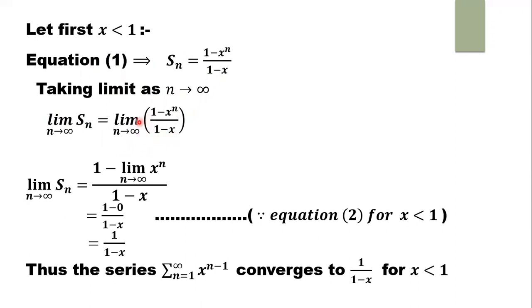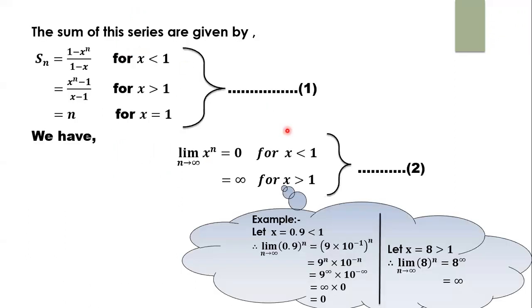So here we will apply the limit separately to all the terms. So 1 minus limit n tends to infinity x raised to n, upon 1 minus x. Now we know that limit n tends to infinity x raised to n is equal to 0 for x less than 1. See this from equation 2.